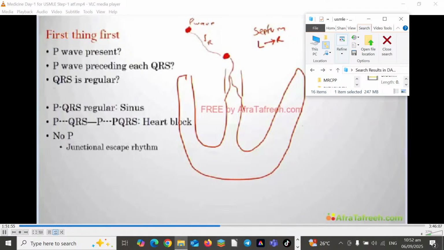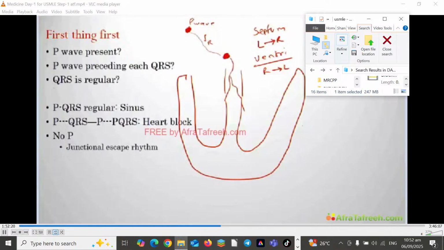But when the ventricles start getting activated, the net current is from right to left. The net current is right to left. This is because the left ventricle is the beefy, fat ventricle.